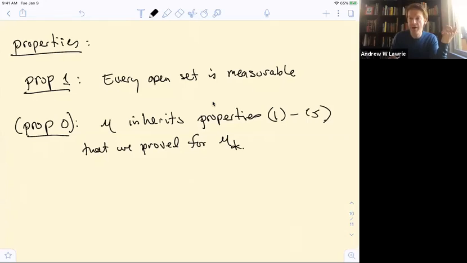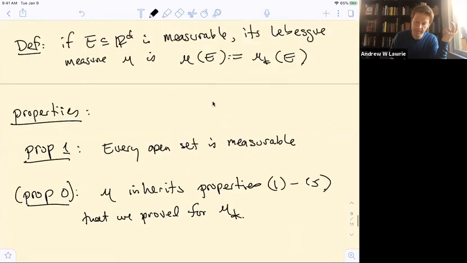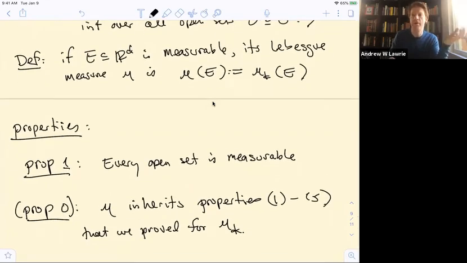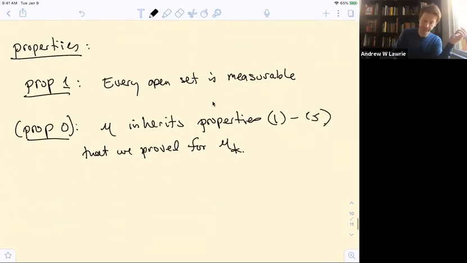It inherits all the properties of mu star, because the measure of a set is just its exterior measure. So the properties that we were proving before for exterior measure also hold for the measure of the set. They're the same thing for those sets that are measurable.